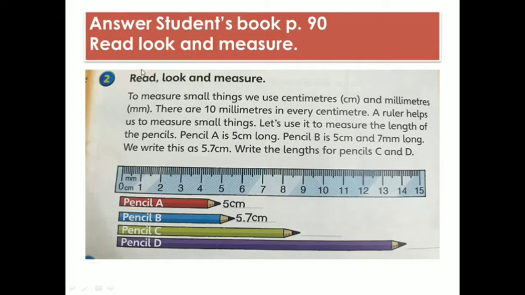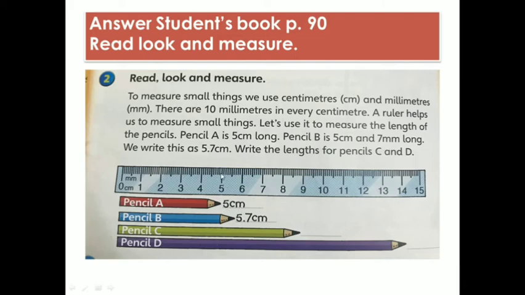Number 2, read, look, and measure. To measure small things, we use centimeters and millimeters. There are 10 millimeters in every centimeter. A ruler, this one is the ruler. It helps us to measure small things. Let's use it to measure the length of the pencils. Pencil A is 5 centimeters. So this is 5 centimeters.